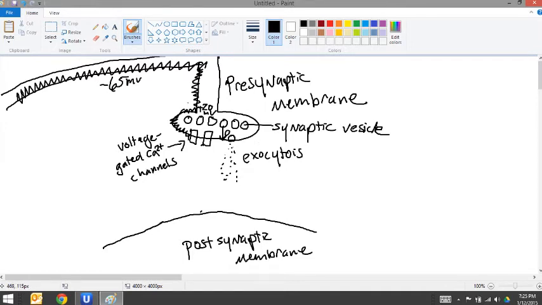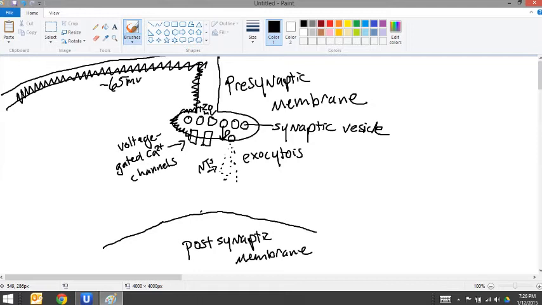So, action potential goes down here, hits the voltage-gated calcium channels. They open up, calcium goes in. That signals a synaptic vesicle to go into the membrane, and it releases its contents, the neurotransmitters, in a process that's called exocytosis. I'm going to label these neurotransmitters.